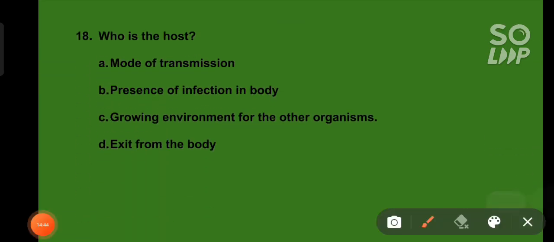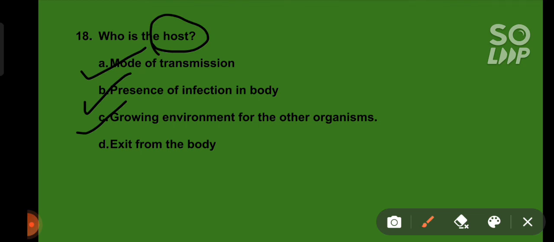The next question is, who is the host? So in the cycle of infection, we have the agent, host, and mode of transmission. Among these, what is the host? The options are option A, mode of transmission, option B, presence of infection in the body, option C, growing environment for the other organisms, option D, exit from the body.